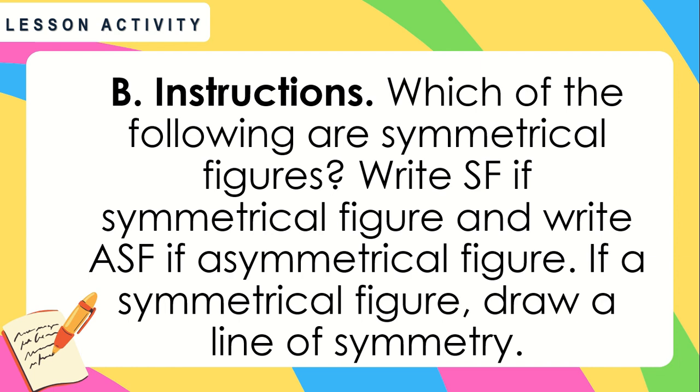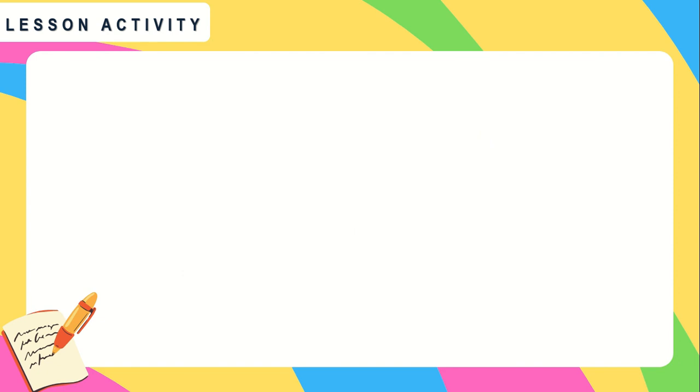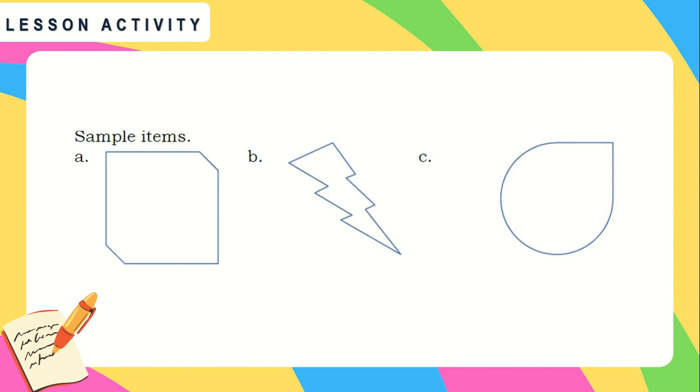Letter B, instructions. Which of the following are symmetrical figures? Write SF if symmetrical figure and write ASF if asymmetrical figure. If a symmetrical figure, draw a line of symmetry. Here are the items.